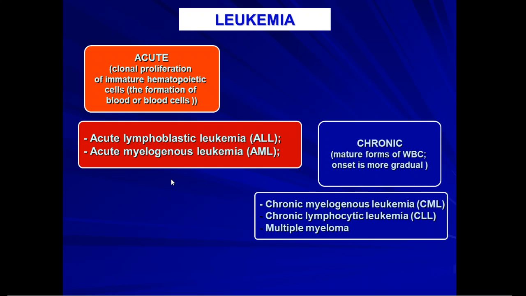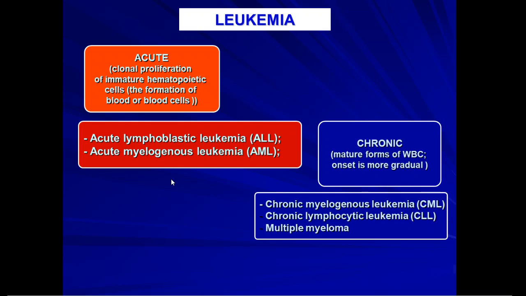So leukemia could be divided into two groups as well. First one is acute and second one is chronic. What is the main difference between these two? Acute leukemia means that the source of this tumor is blast. Chronic, the source of this tumor is cyte, so lymphocyte.